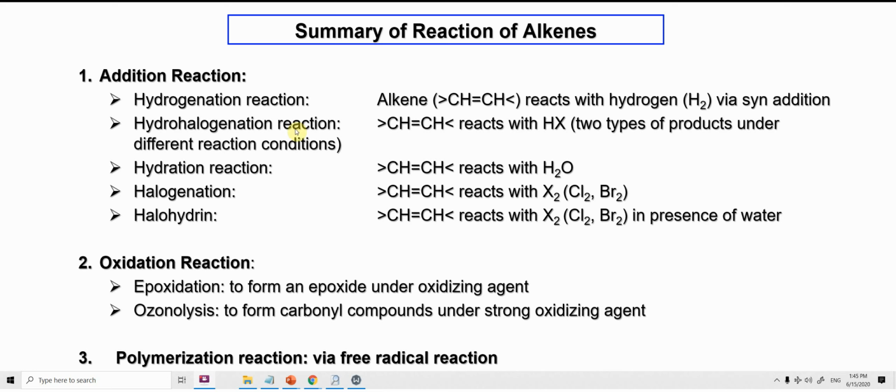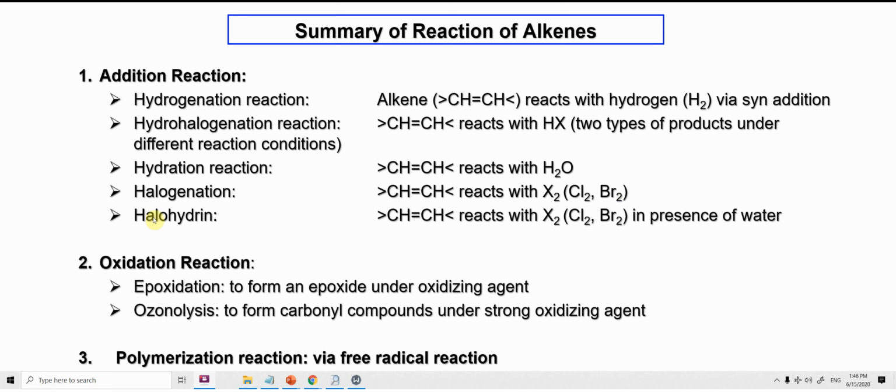anti-Markovnikov's rule. The third types of addition reaction is called hydration reaction, meaning your alkene is going to react with your water to form an alcohol. The fourth type of reaction will form the dihalides through the alkene to react with the halogens. Again, your chlorine, bromine, chlorination, bromination is more commonly used one.